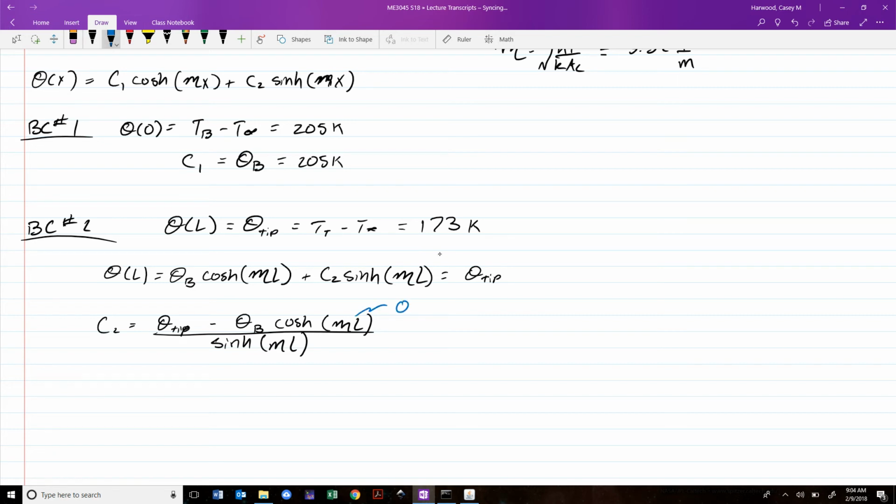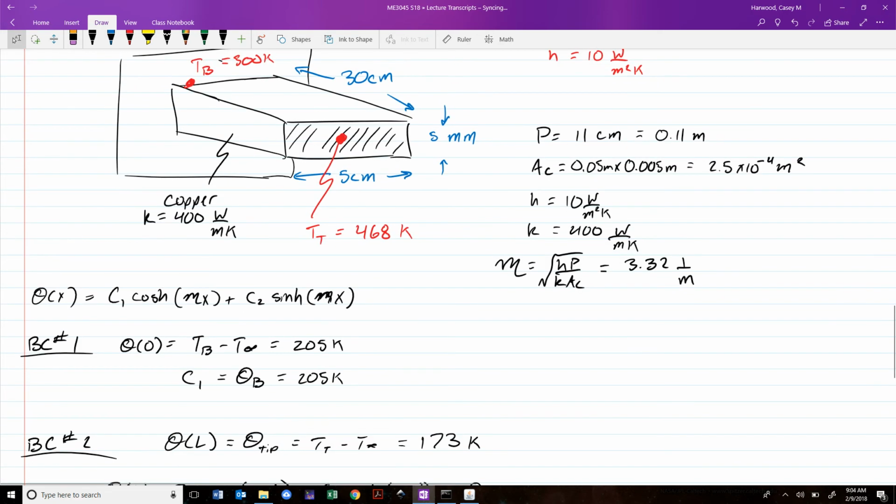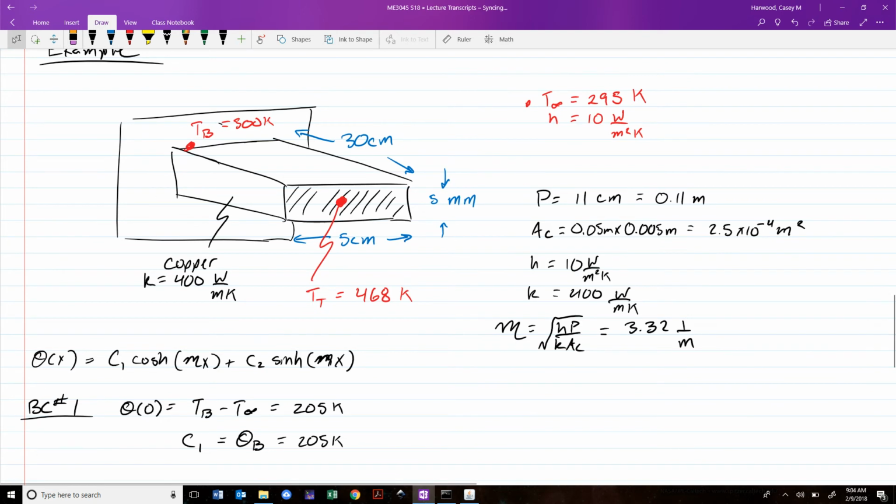And if we wanted to plug in our individual values here, we'd find that ml is equal to 0.995. The cosh of ml is equal to 1.537. Sinh of ml is 1.167. Here we've got theta at the tip, 468 minus 295.